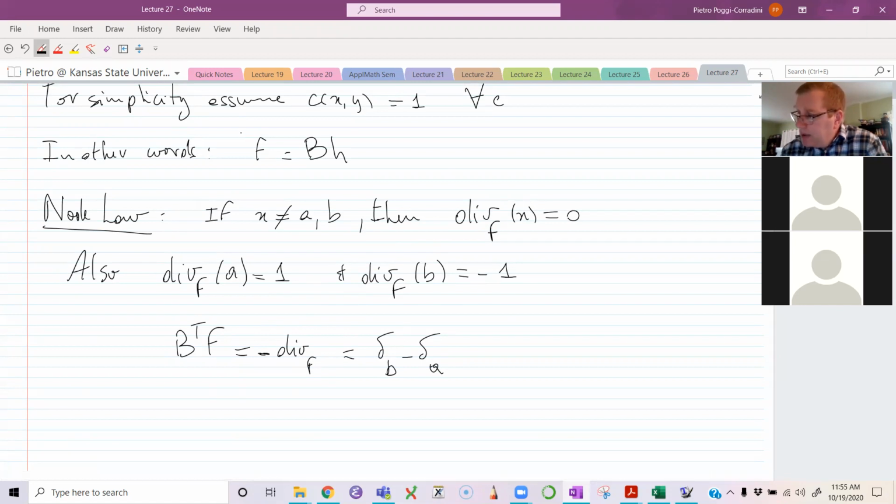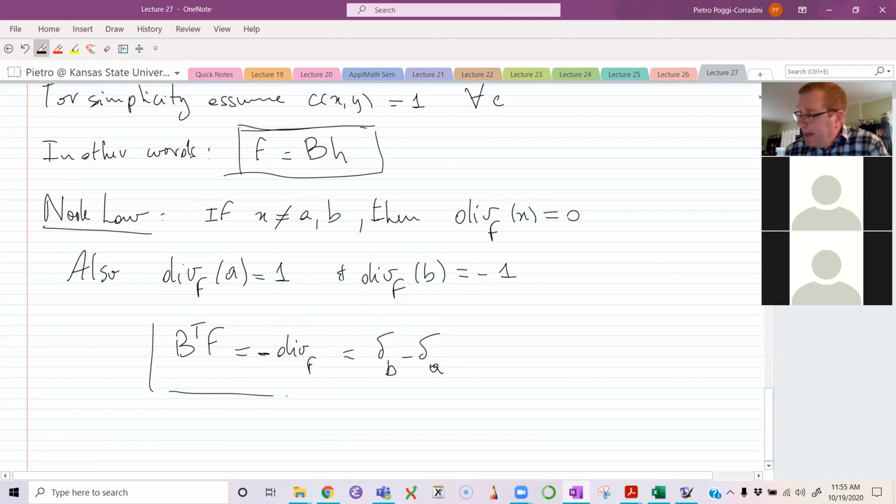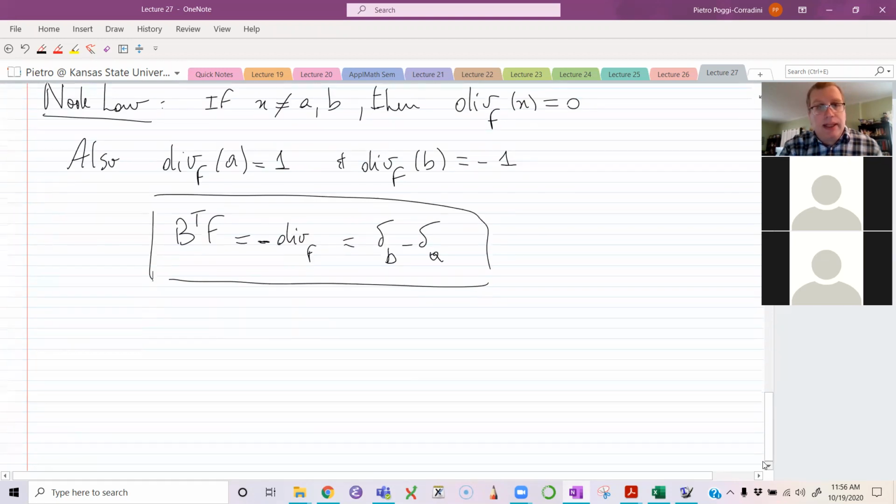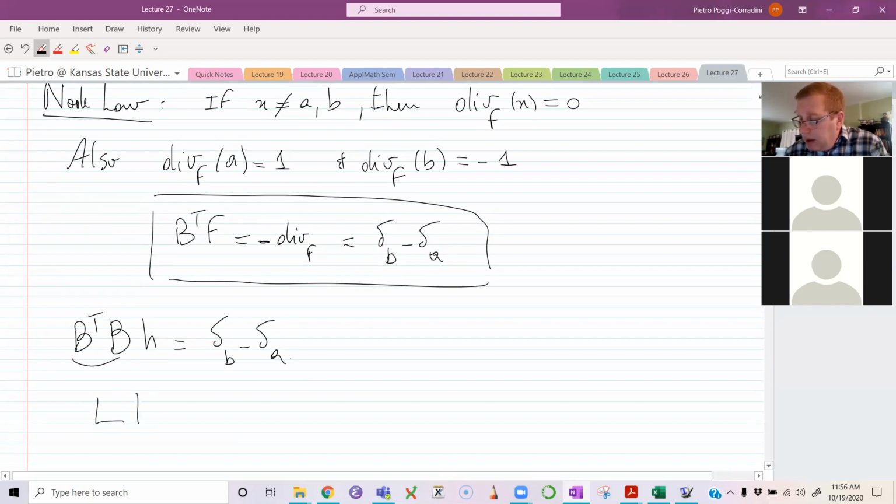Now let's put those two equations together. We get that B transpose B H, in terms of the potential, is delta B minus delta A. And now we recognize this is the Laplacian, so LH.